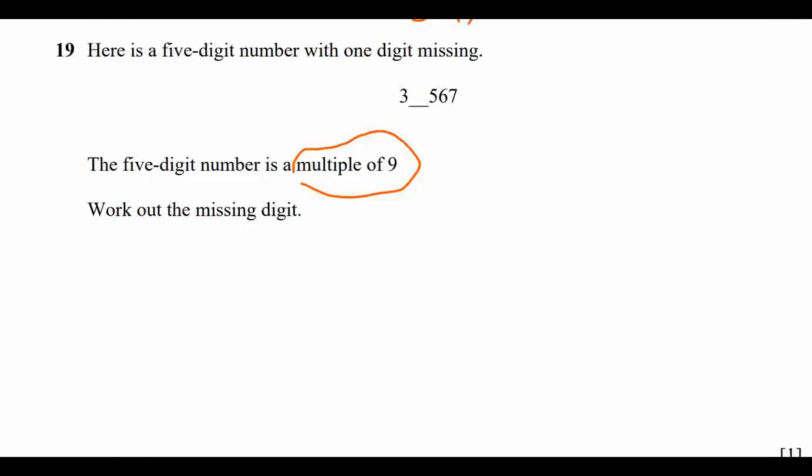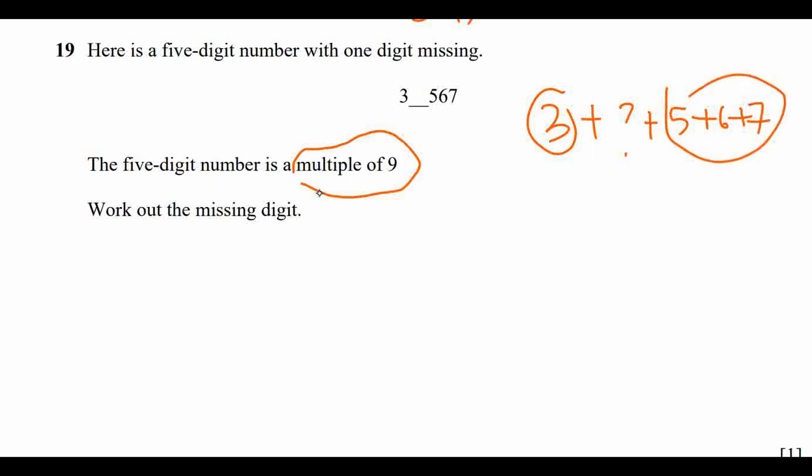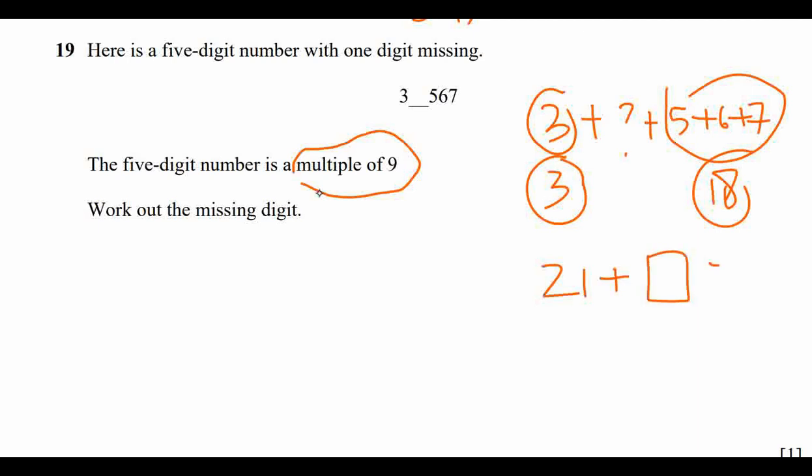So if we go back to the rule, it means we have to add all the digits: 3 plus a question mark plus 5 plus 6 plus 7. Now let's sum up the numbers here. So this will be 18 plus 3. 3 plus 18 is 21, plus a number should be a multiple of 9.